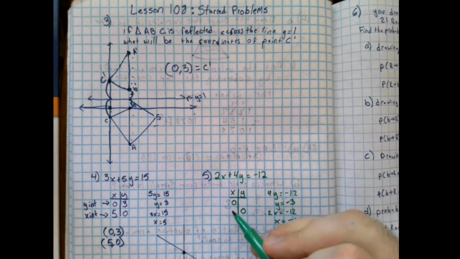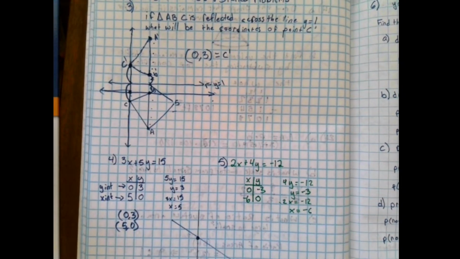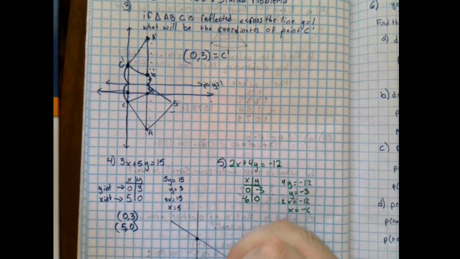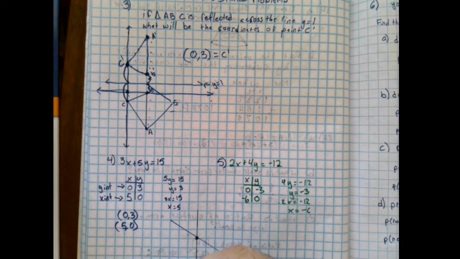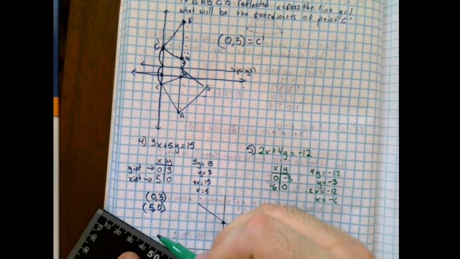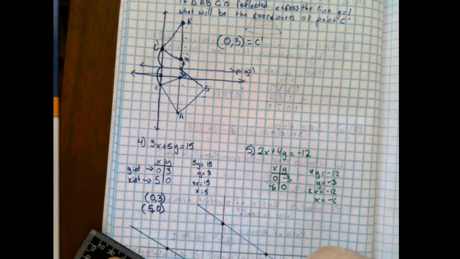So here you would have negative 3 and negative 6. Now, that will give us 0, negative 3 right here, and negative 6, 0 over here. We take our straight edge, and we connect the 2 points to give us a nice line.